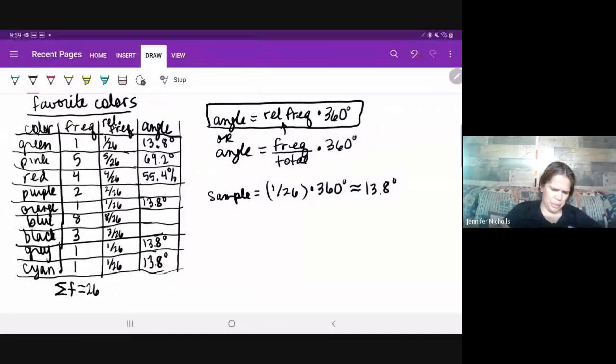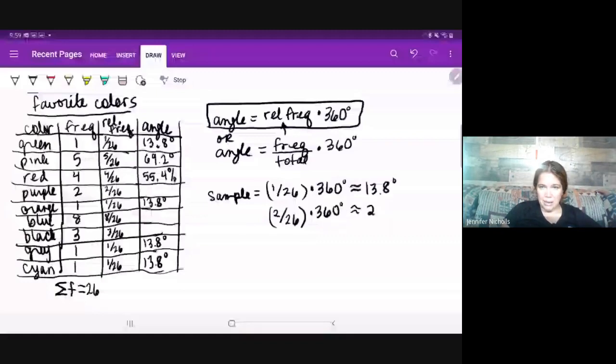Do we have a 2, an 8, or a 3 yet? No. So can you guys try to find those for me? Can you do the 2 over 26 on your calculator and see what you get? You're doing 2 over 26 times 360 on the calculator. What's that one? 27.69.